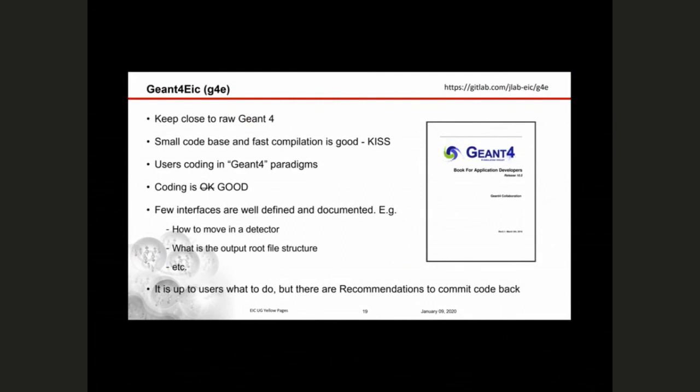So we try to have a small code base, except for detectors. Everything is done so that if you're familiar with Geant4, you should be able to figure out what is where. So the usual question, where is your detector construction? We'll have an answer, here is our detector construction, and other stuff, right?